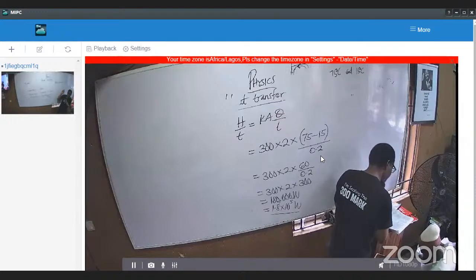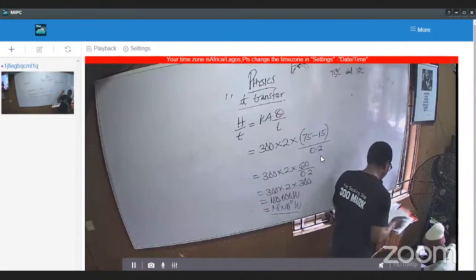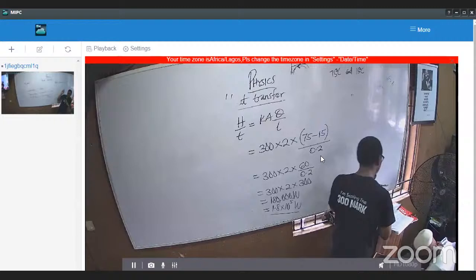Option B, convection only. Option C, convection and conduction. Option D, radiation. Class, what's the answer? Radiation. Save the wall. Next question.